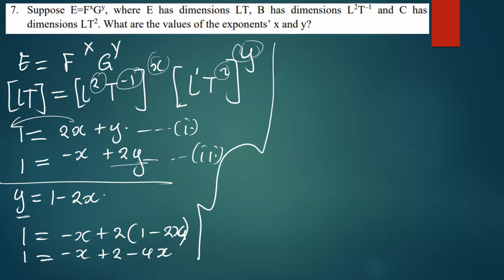So -x and -4x will give us -5x. Then these two will cross the equal sign to go that side, meaning we're going to have 1 minus 2. And this side you remain with -x and -4x, which will give you -5x. This side you get -1.